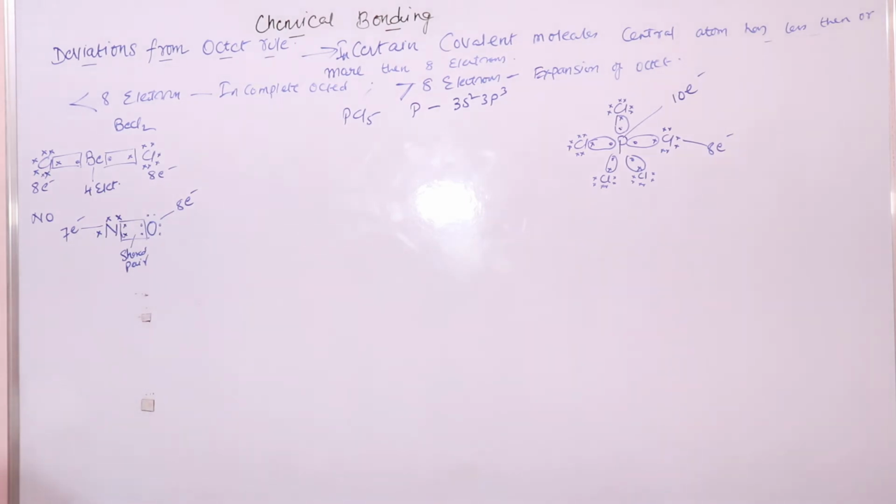Since fluorine has 7 electrons in the outermost orbit, fluorine will again share 1 electron from the sulfur atom. All the fluorine atoms will share 1 electron from sulfur to complete their octet. Let's see how many electrons end up on the sulfur atom.